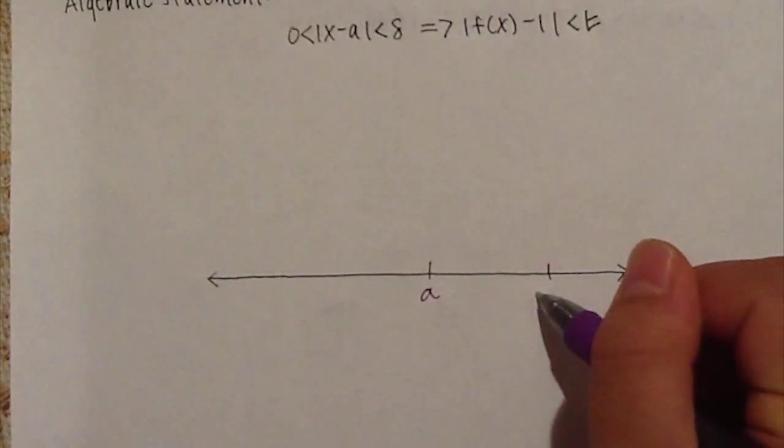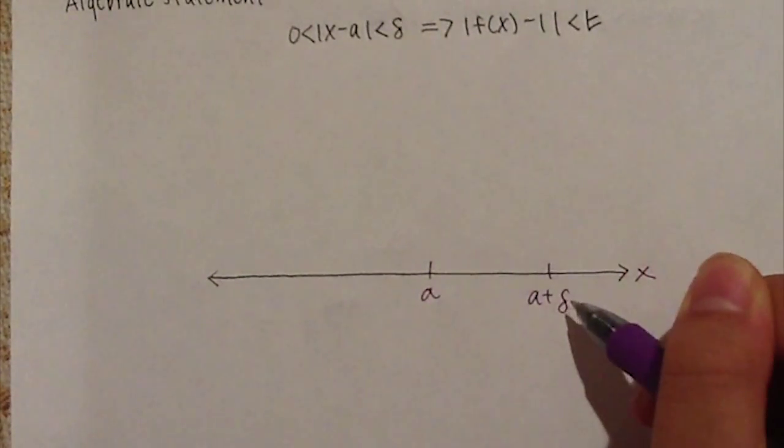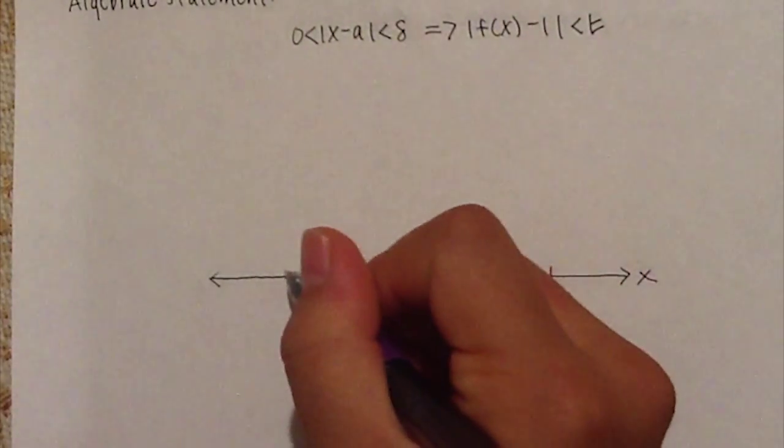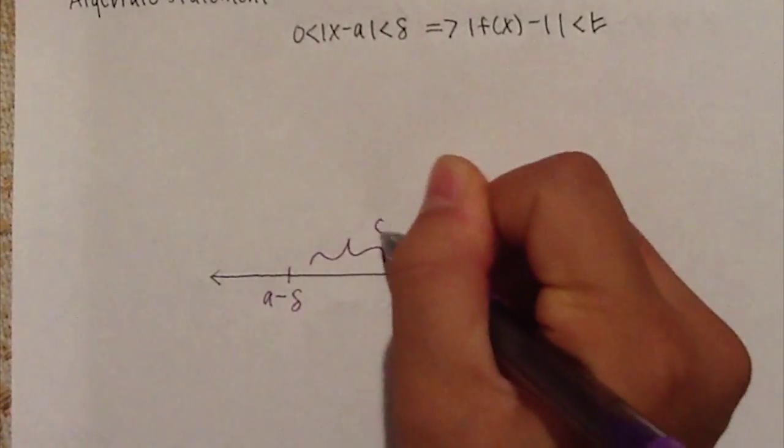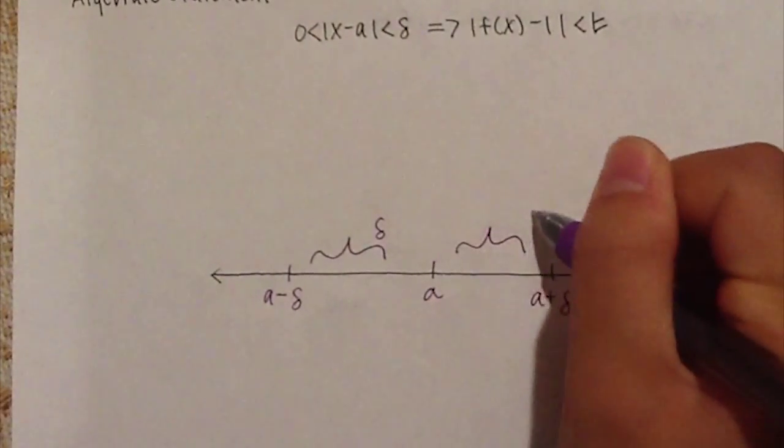To explain this a bit more clearly, we can first enlarge the x-axis and the y-axis a little bit. So here on the x-axis, this is a plus delta, this is a minus delta, and the distances here are delta.